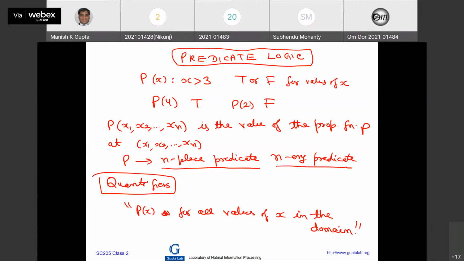Okay. So the notation is for every x, P(x). This is a quantifier: for every x, P(x), right? So the for every x that we are writing is a quantifier. This is the notation. So this is a universal quantifier.